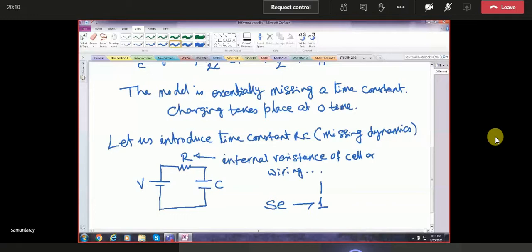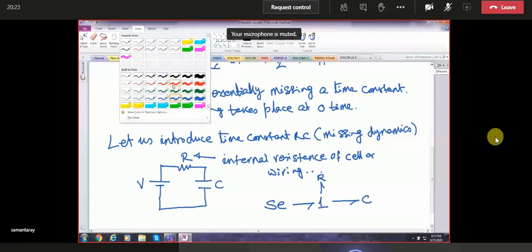It is the internal resistance of the cell, it could be the internal resistance of the capacitor, or everything combined, lumped together. So if you do that, then you will see our causality becomes absolutely correct.